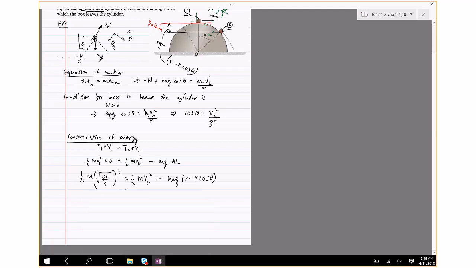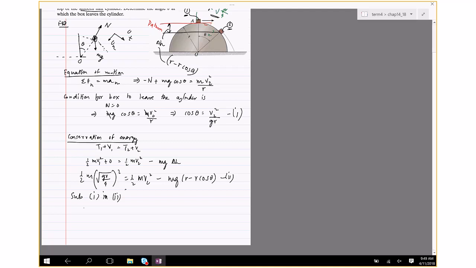Okay, what we can do is let me write this as 1, this as 2, and sub 1 in 2, right? I can take the v2 from 1 and sub it in 2 so that I can now solve this equation in terms of theta.